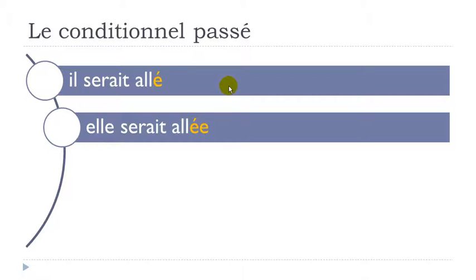But then, if we look at the feminine form, elle serait allée, you will have to add this e at the end, okay? Remember, in most of the cases, when you have to add something, it's the mark of the feminine. Okay, so elle serait allée. But then phonetically it doesn't exist, all right? So it's allé here and then allée here, the way you pronounce it. But if you want to write correctly, you should put it.